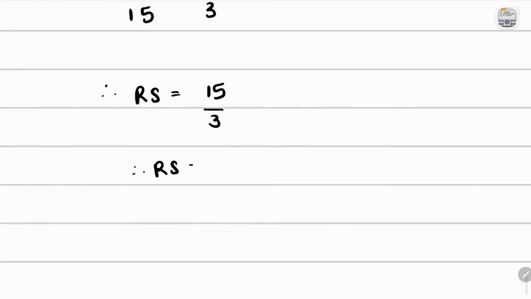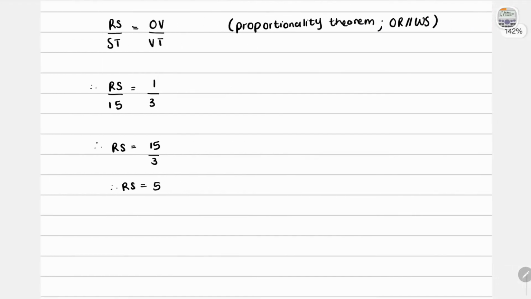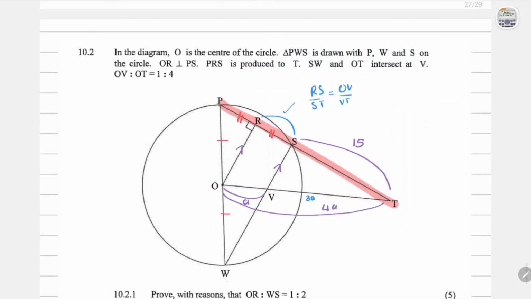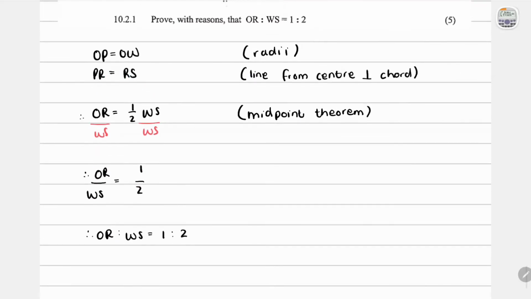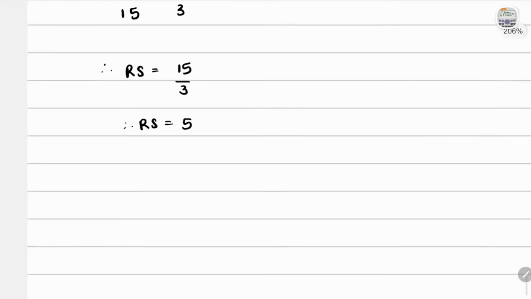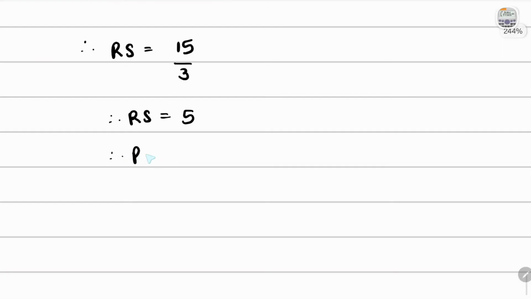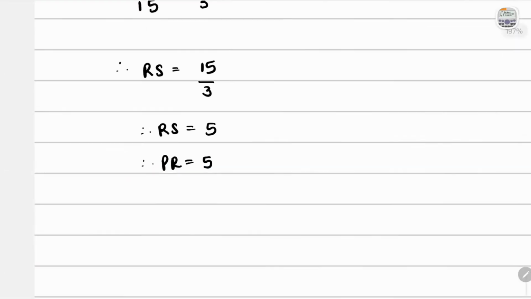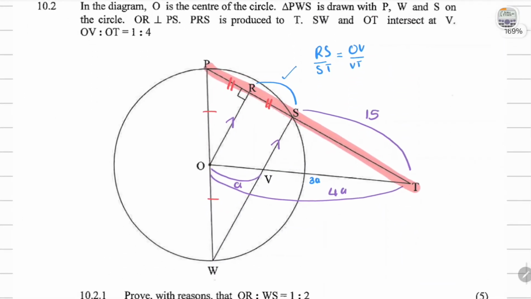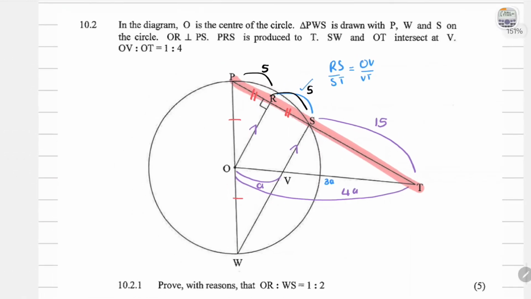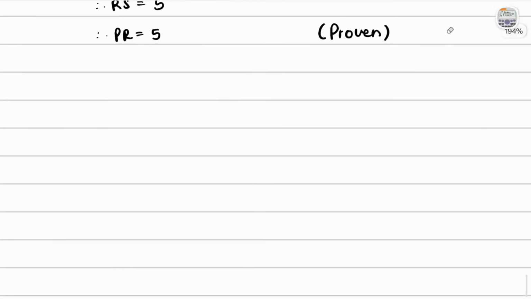If RS is equal to 5 units, then we can use that to find PR since they are equal. We've already stated that they are equal, so PR is also equal to 5 units because this is already proven. So that's 5 plus 5 plus 15, which gives you 25 units.